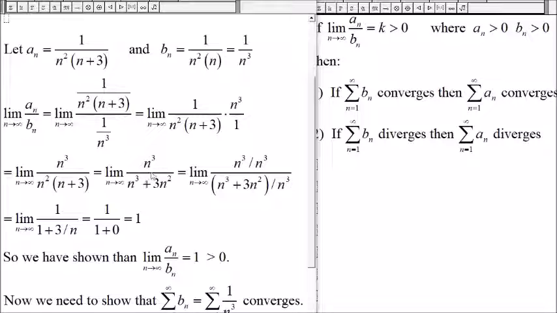Then we divide everything on the top by n to the third, and everything on the bottom by n to the third. So n to the third divided by n to the third is 1, and 3n squared divided by n to the third is 3 over n.